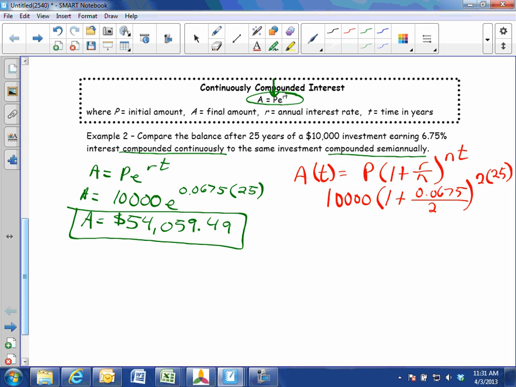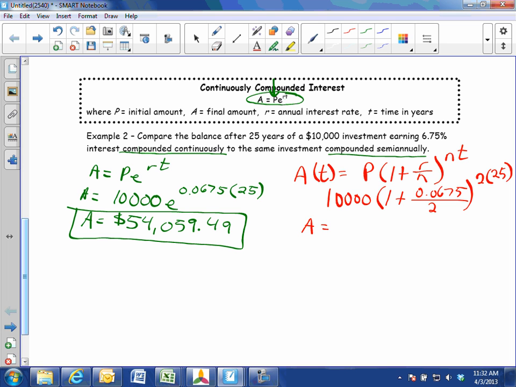Why is it 2? Because semi-annually means twice a year. It's not that big of a difference.